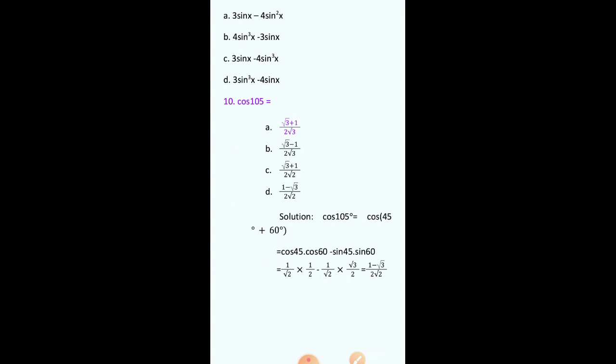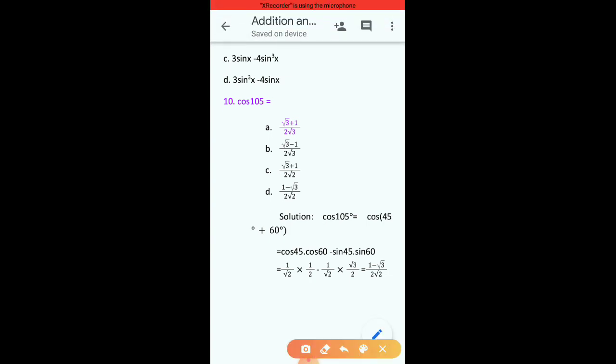And we have the formula cos (A plus B) is equal to cos A into cos B minus sin A into sin B. So if you put the values of cos 45, cos 60, sin 45 and sin 60 here, then we will get 1 upon under root 2 into 1 by 2 minus 1 upon under root 2 into under root 3 by 2, and then finally we will get (1 minus root 3) upon 2 root 2. That means option number D is the correct answer.